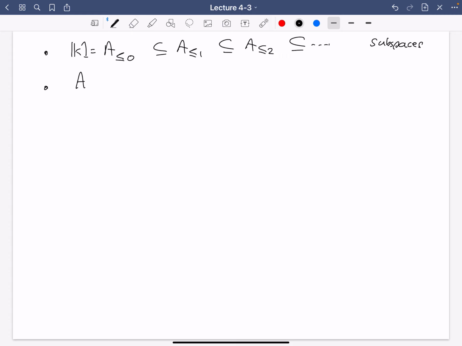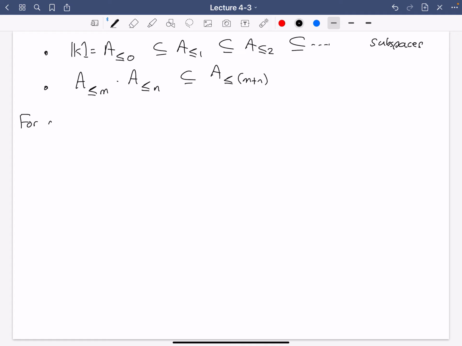And if you take A less than or equal to m and multiply with A less than or equal to n, that lands in A less than or equal to m plus n, because that's just coming from the multiplication in the tensor algebra, which is a graded operation. Okay, so those properties are the definition of filtered algebra for our purposes.